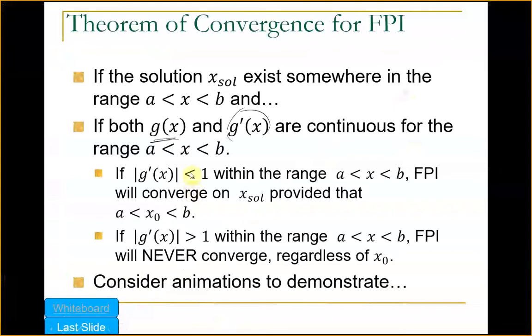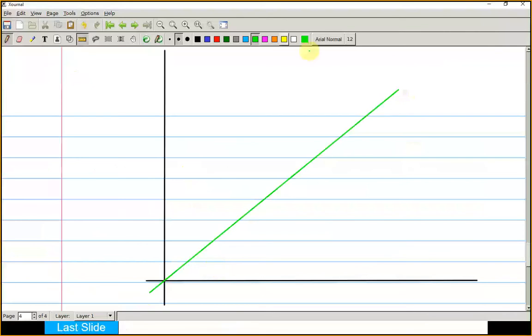So convergence theory tells us, this is all it's saying, if the magnitude of the slope is less than 1 in the range, then it will converge. If it's greater than 1 in the range, it will not converge. So I'll just give you some examples. So if this slope is 1, less than 1 would look like a shallower or a steeper plot. Shallow. Alright.